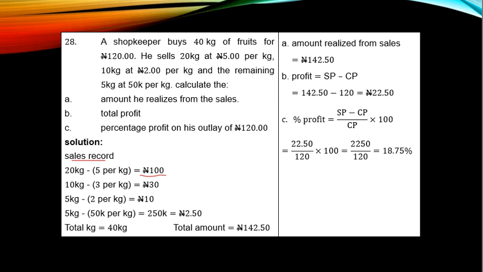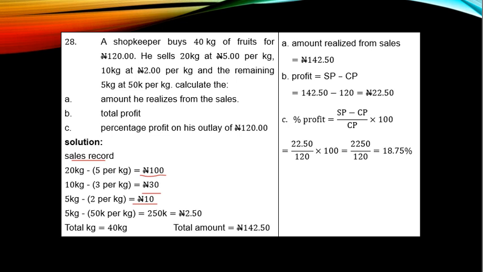The next round of sales is 10 kilogram at 3 naira per kilogram. That means if 1 kilogram at this round is 3 naira, the 10 kilogram becomes 30 naira. The other one is 5 kilogram at 2 naira per kilogram. That implies that the 5 kilogram is 10 naira.